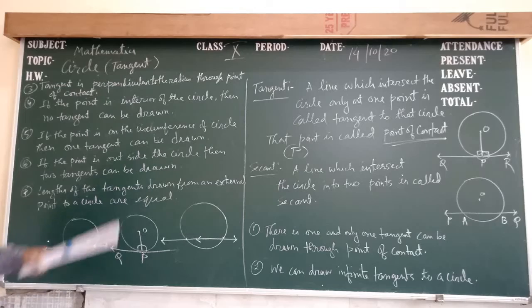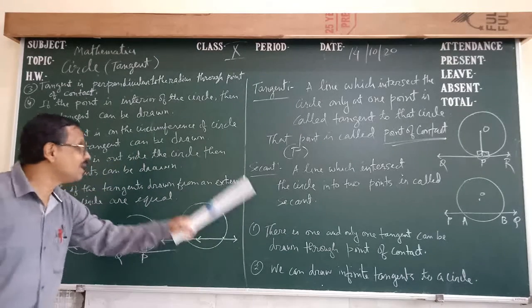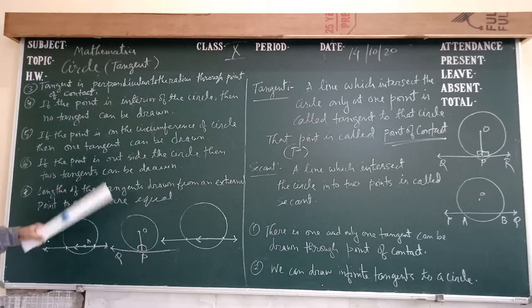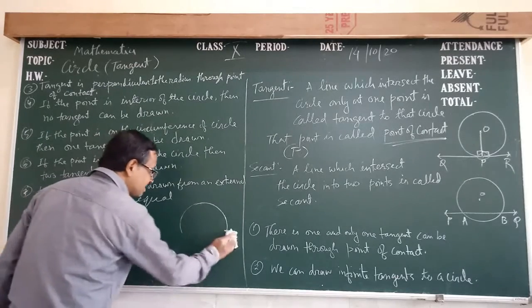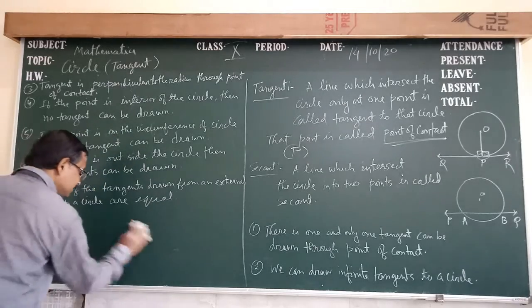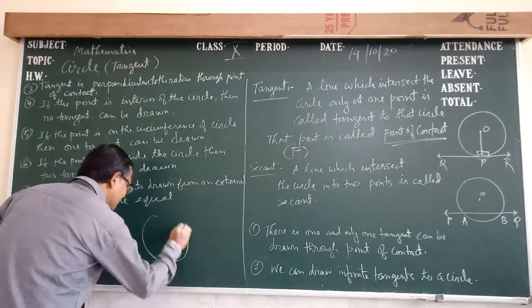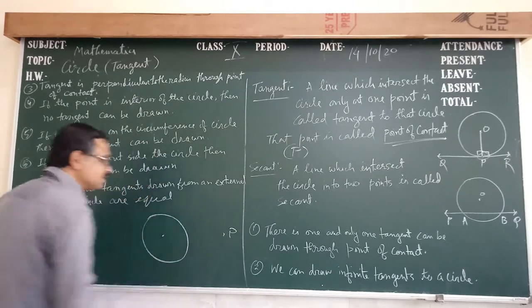And if the point is on the circumference, then one tangent can be drawn. And if the point is outside the circle, now look at the condition. Suppose this is the circle and the point P is outside the circle.